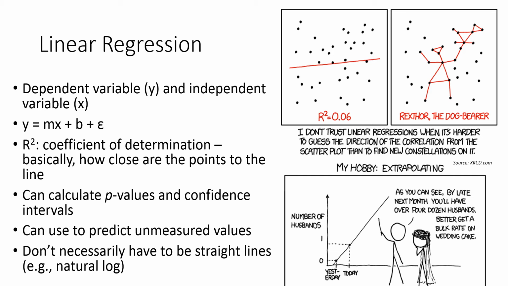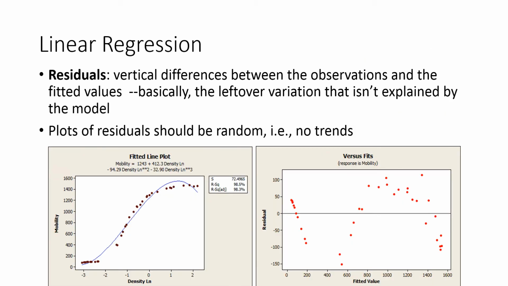Okay. So I'm going to give you an example of a place where linear regression may break down. When we're doing a linear regression, actually ANOVAs are similar, you have residuals. Basically, it's the leftover data, what isn't being explained.